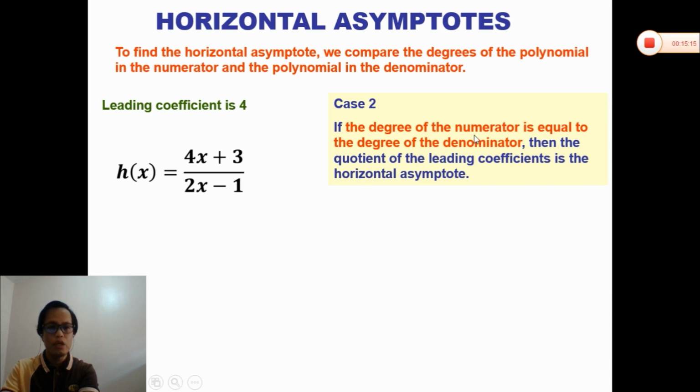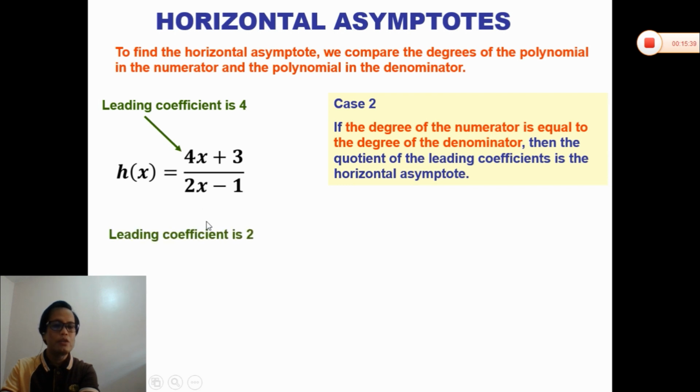So what we need to do is simply find the quotient of the leading coefficients. What is the leading coefficient of the numerator? It is 4. When we say leading coefficient, it is the coefficient of the term containing the highest degree.